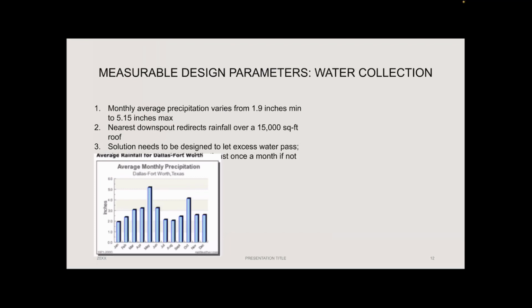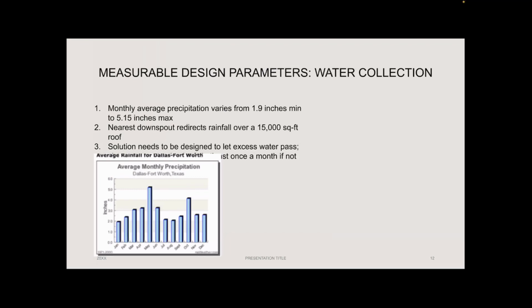And the fourth point, which is hidden by the picture, I'm sorry, I was working on this in PowerPoint, and when I moved it over to my iPad, I had some issues. But the fourth one states that our cistern is guaranteed to be full at least once a month. At the minimum, we'll get 1.9 inches per month, and over a 15,000 square foot roof, that's still over 1,000 gallons.